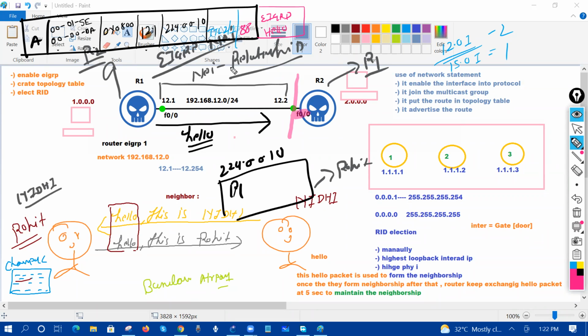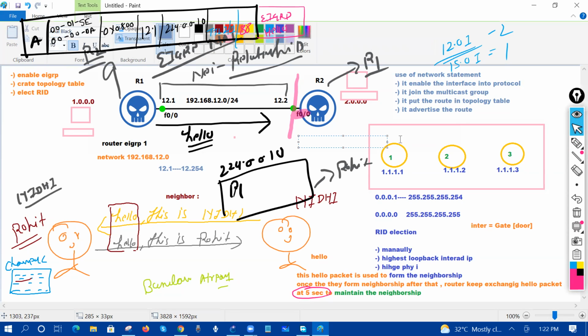This information R1 keeps sending every 5 seconds. It's just trying to form a negotiation with R2. What will R2 do? It will just drop it because this interface is not enabled with EIGRP. On this router, we just put this command, router EIGRP number 1. That's it.